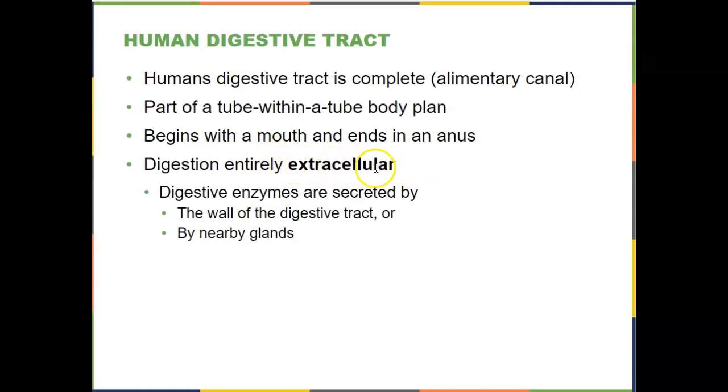So the extracellular digestion ultimately generates a liquid that is rich in single amino acids, monosaccharides, broken apart components of lipids like fatty acids in one case and the glycerol molecules in the second case, and so on and so forth. And then those monomers, those simple components of macromolecules, are absorbed by the cells of the digestive tract.